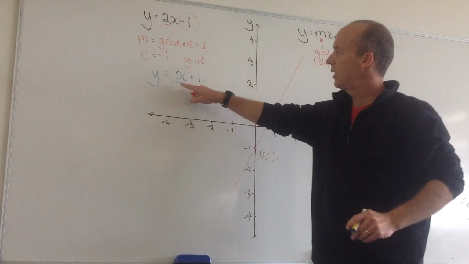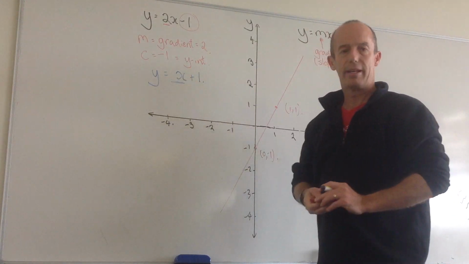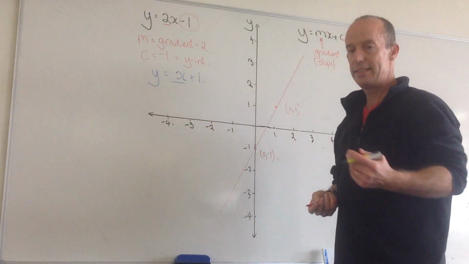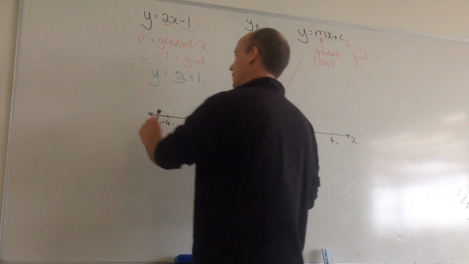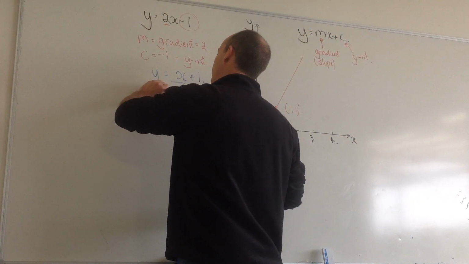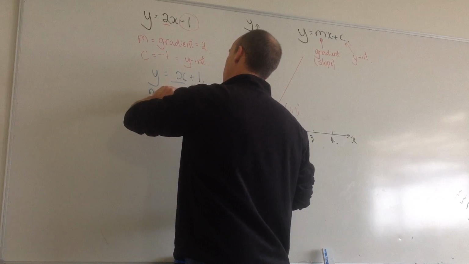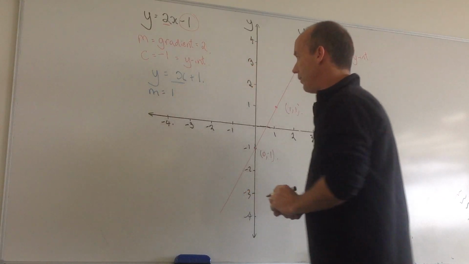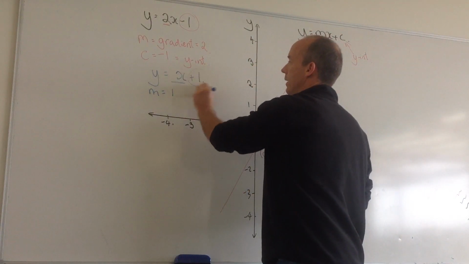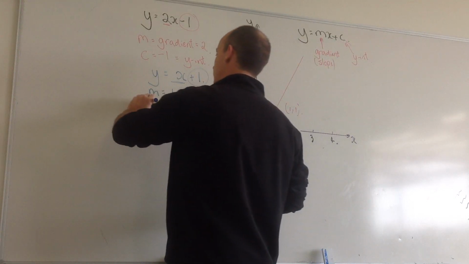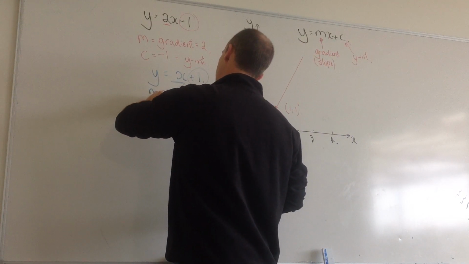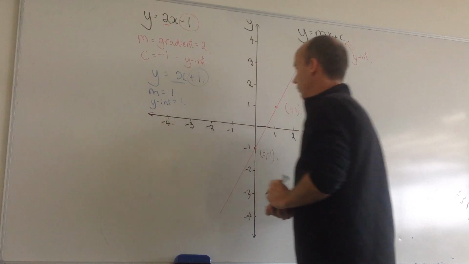And this one's a little bit tricky because there's not a number there. If there's not a number there, but x is still there, the coefficient must be 1. So in this case, m is equal to 1. So it's got a slope of 1. And this bit is my y-intercept. My y-intercept is going to be 1.